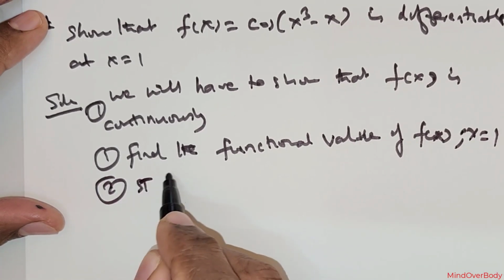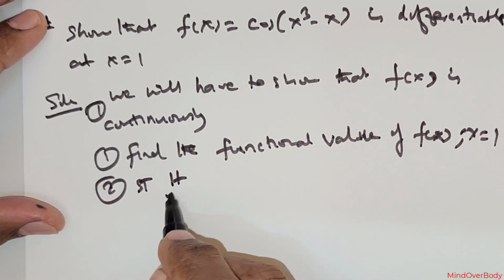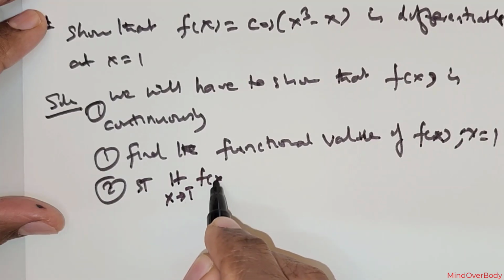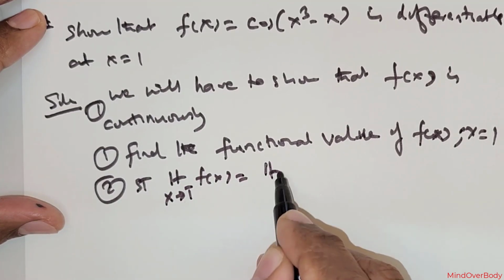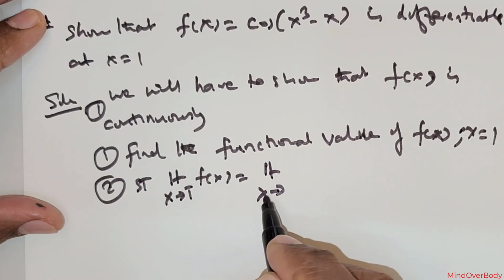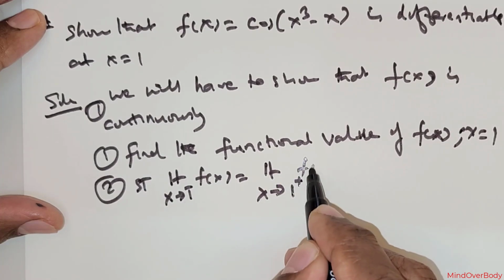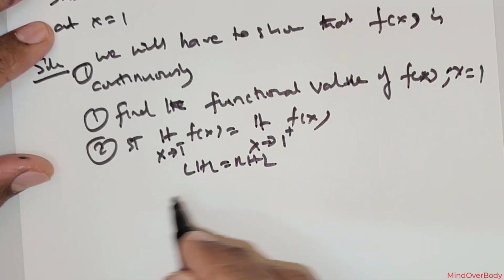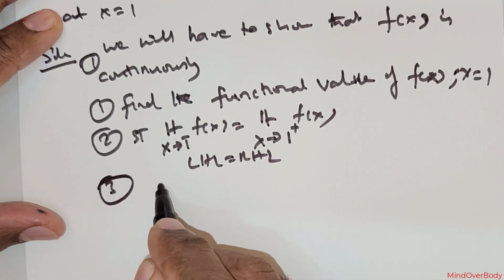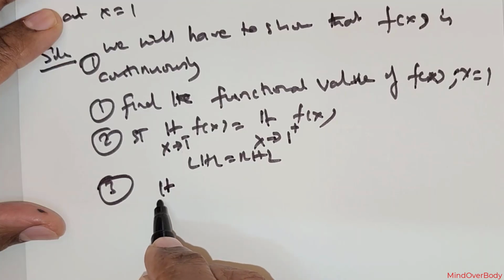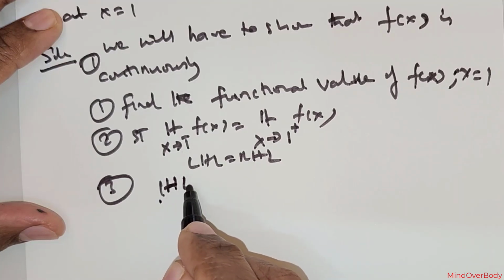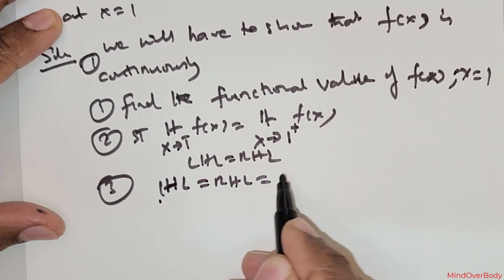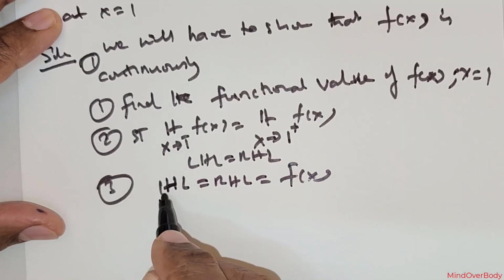Number 2, show that the limit as x tends to 1 from the negative side of f(x) is equal to the limit as x tends to 1 from the positive side of f(x). That means the left hand limit is equal to the right hand limit. And then finally show that the left hand limit equal to the right hand limit is equal to f(x), the functional value.